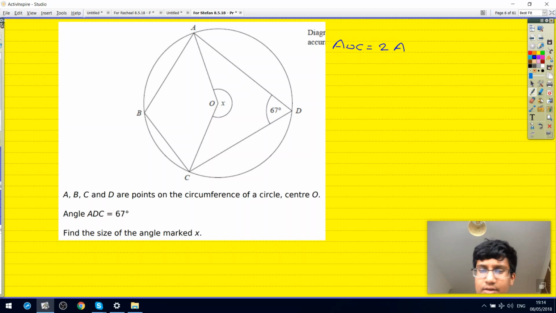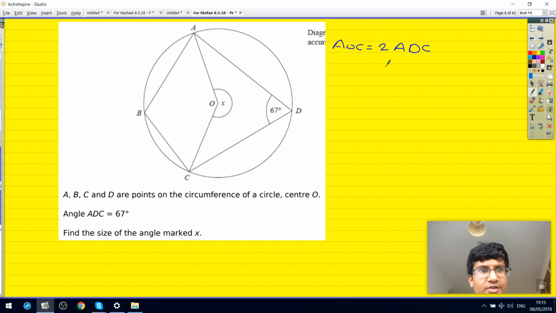So we know the angle AOC equals 67 times 2, which is 134. And we know that x would be 360 minus 134, which is 226. Okay, so I think you're good there.